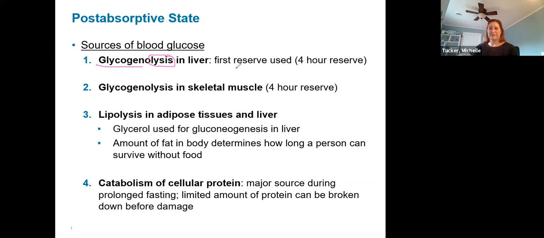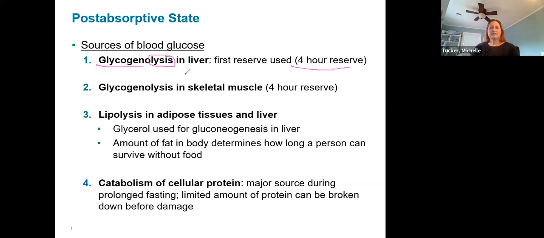We can have artificial hearts, we can have dialysis, but we can't replicate a liver. But we'll get on to that in the next section. So this is about a 4-hour reserve if we were to just use glycogen. Let's say we weren't, which we're not, we're not going to just use glycogen, we use fatty acids too.